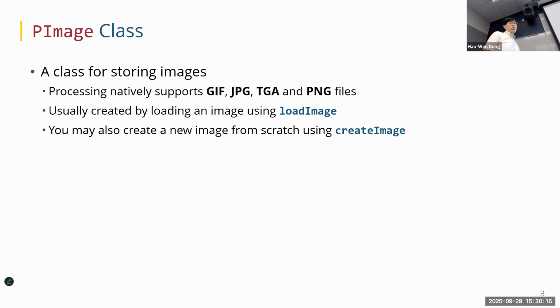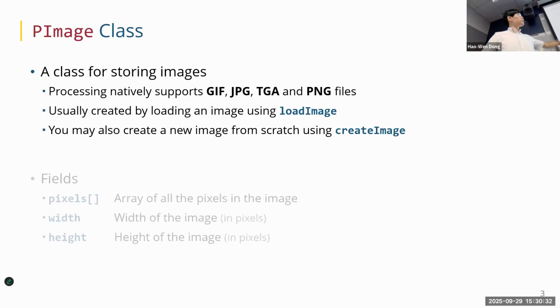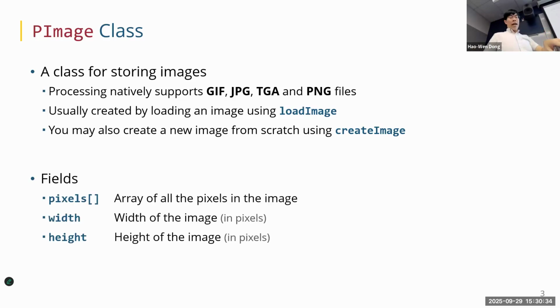For something else, you could also try to make it work with external libraries. We usually create a PImage by loading an image using loadImage, which we will see later. But you may also create a new image from scratch using createImage. These are the two functions for creation. Once you have the PImage class, there are three things that you can get: width and height, obviously, and pixels.